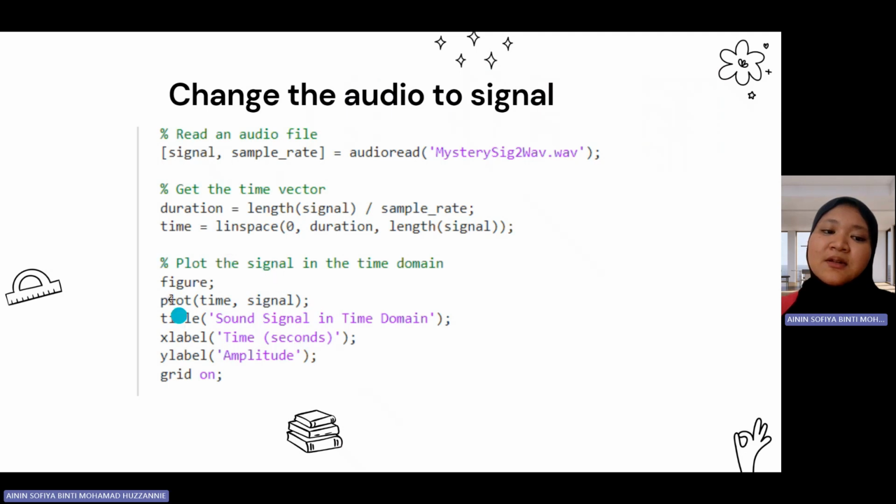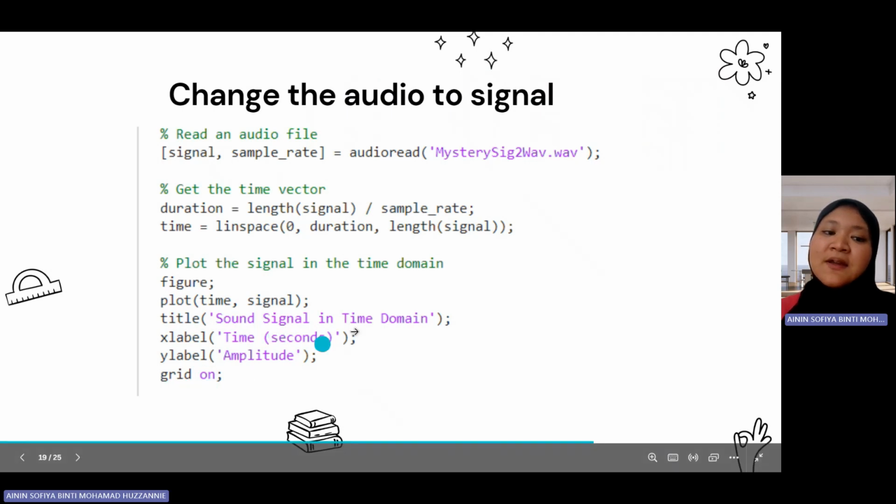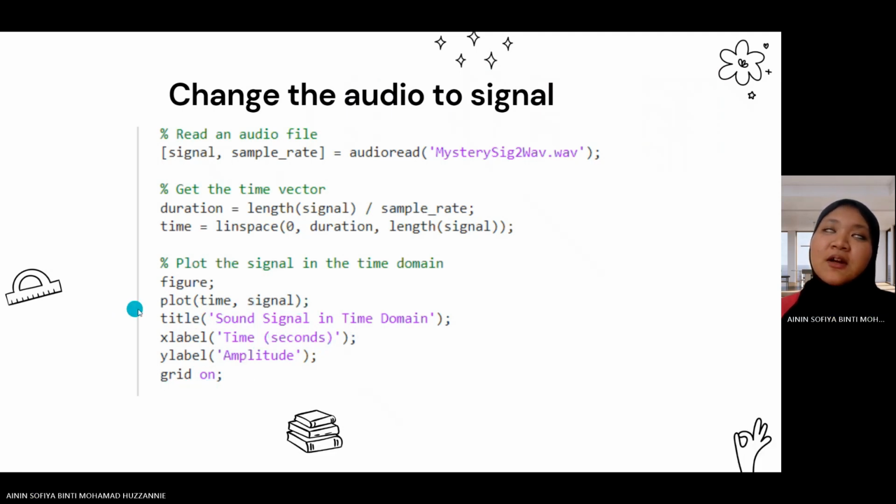And this is to plot the signal in the time domain: figure, plot time signal, title sound signal in time domain, xlabel time in seconds, ylabel amplitude, and grid on. This one shows the output graph of the signal.